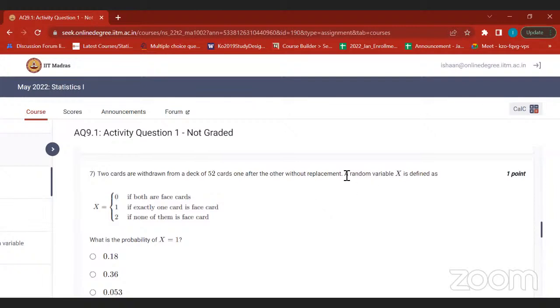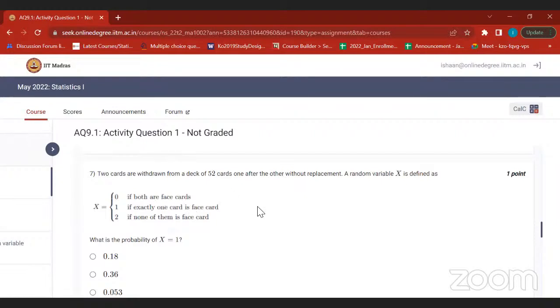Okay, you understood the random variable X in this case. Yes, sir. I understood: exactly one card is a face card, we are drawing 2 cards. So the first card probability is 12 by 52, right?